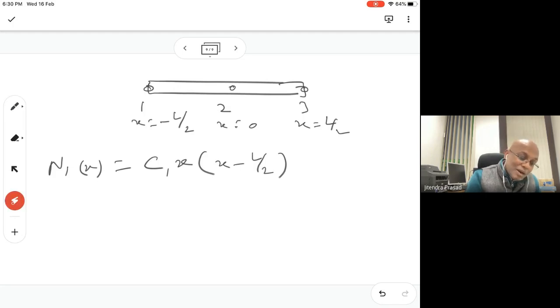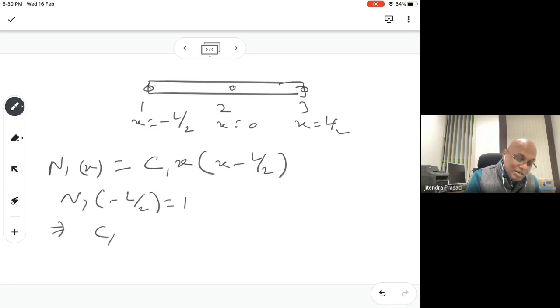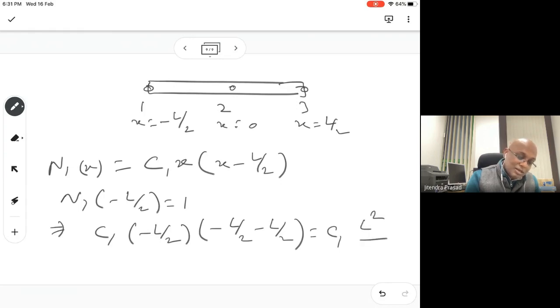The only thing is we don't know the value of c1, but we know that N1 at minus L over 2 has to be equal to 1. So from here we can get some clue. So c1 multiplied by minus L over 2, and minus L over 2 minus L over 2.